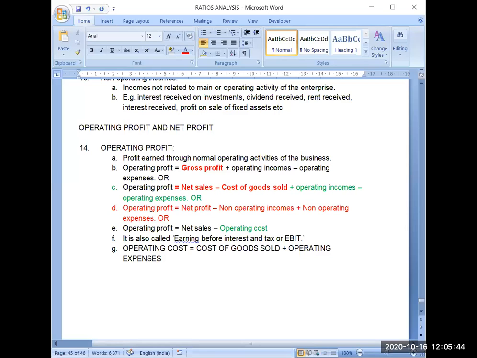It is difficult to remember so many formulas for operating profit, but if you remember the profit and loss account, you will be able to judge them according to the nature of the question. Sometimes the question will change the information, but if you know the base, where I have to reach for operating profit, then you will never get confused.